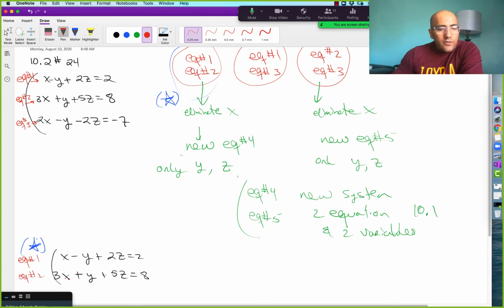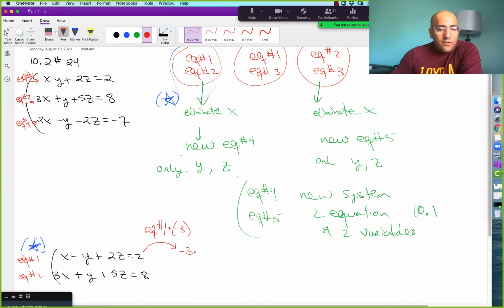Okay, so in order for them to cancel, I need to multiply equation number 1 by negative 3. That'll result in a negative 3x in the leading term, and the negative 3 plus positive 3 will cancel out, so I know that that's how I can eliminate the x.